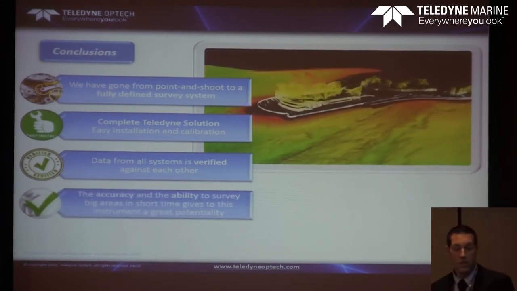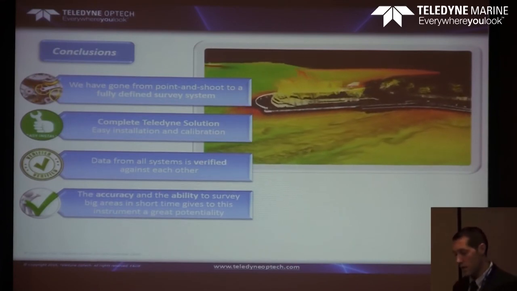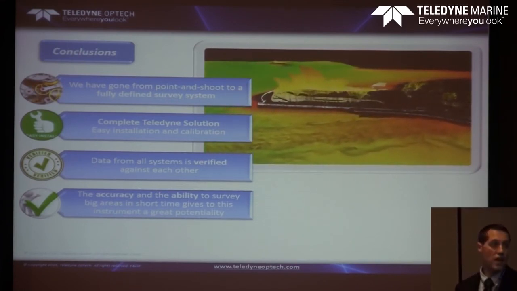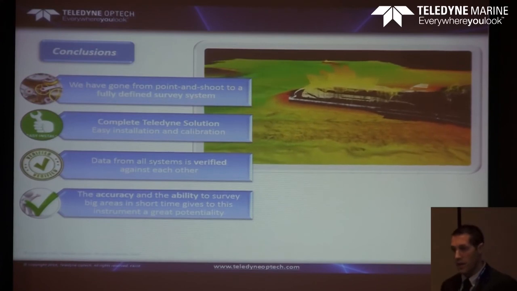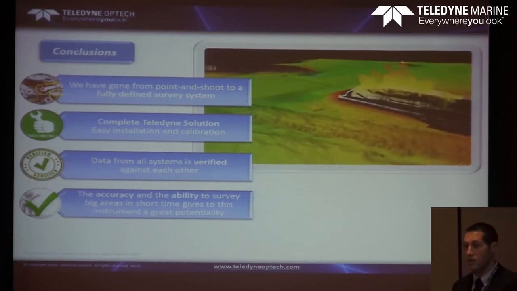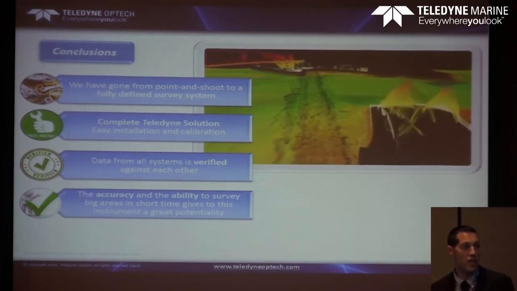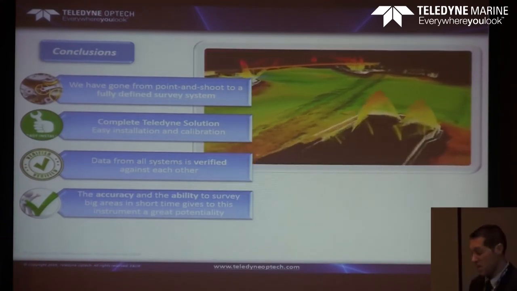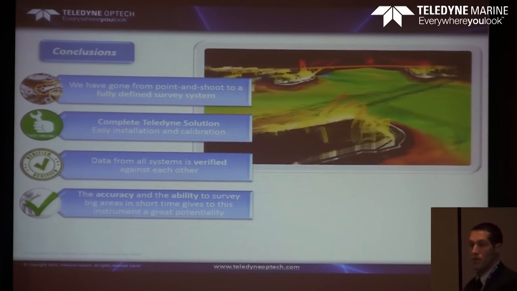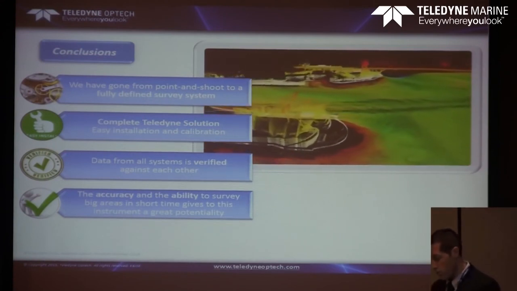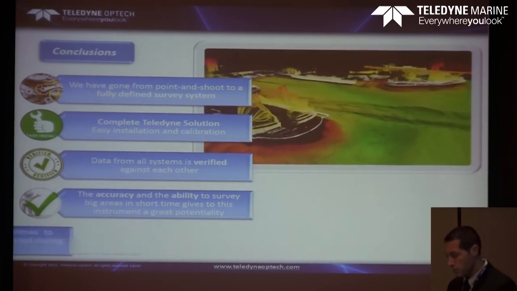The system, of course, is accurate, and with the accuracy and the ability to survey a huge area very quickly, this gives an important tool to surveyors, and it has a great potential for the future to create new applications as well.